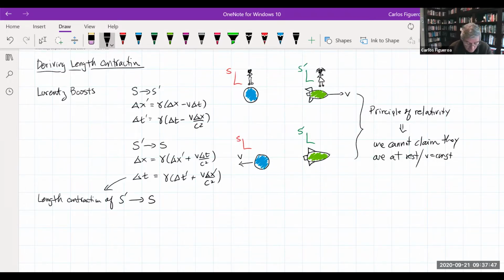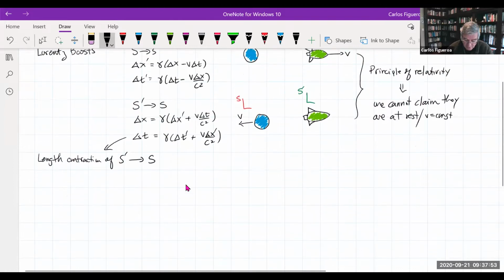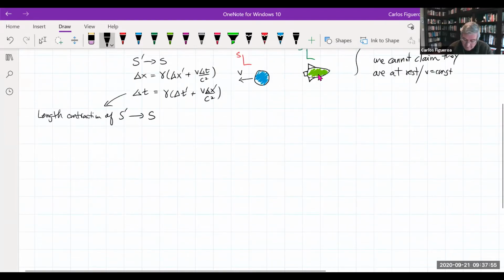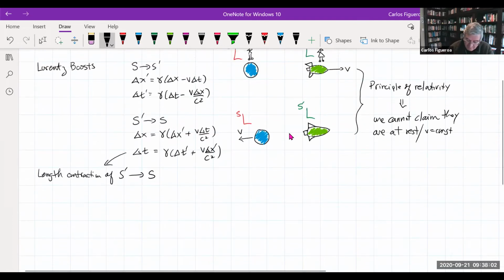So what I want to do now is derive the length contraction for Maria in the S prime frame, who is going to see Juan's meter stick. Maybe I should be a little bit more careful here.